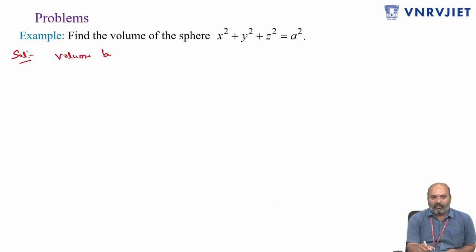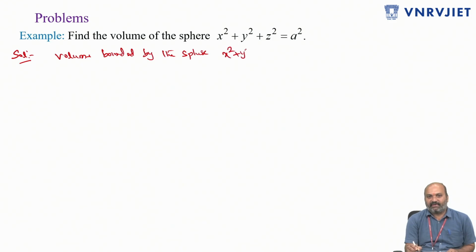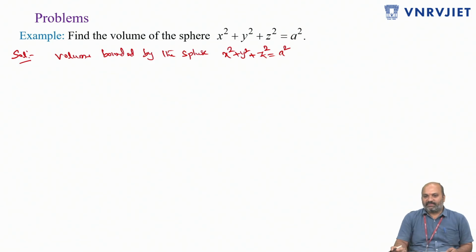The volume is bounded by the sphere x square plus y square plus z square equals a square.